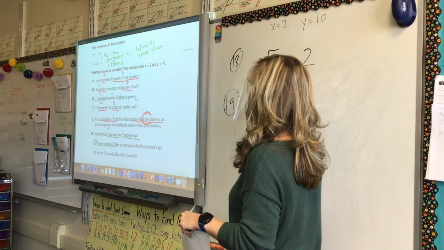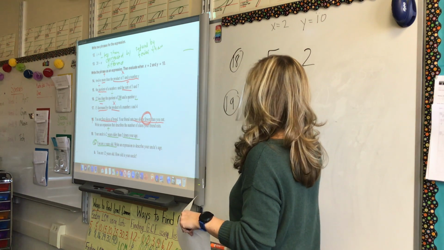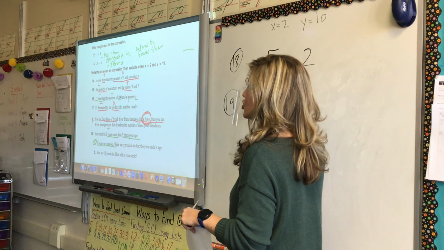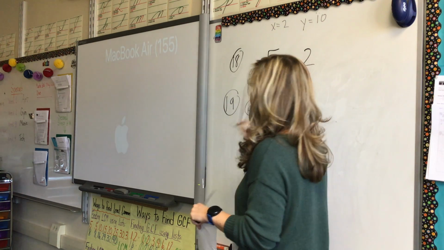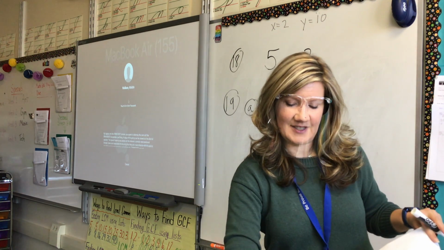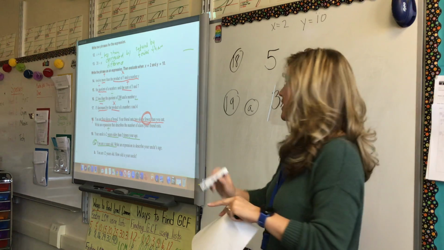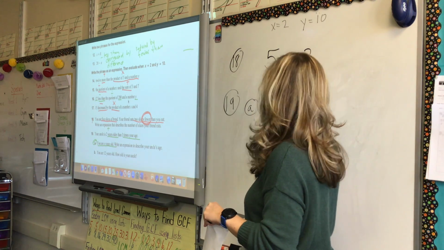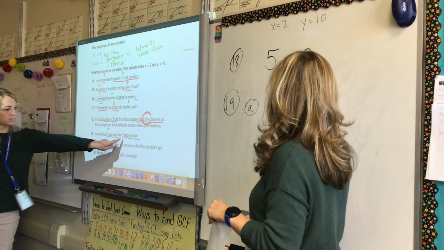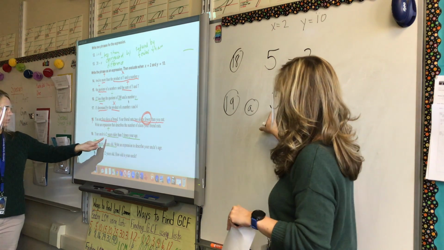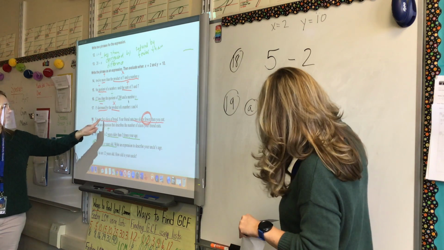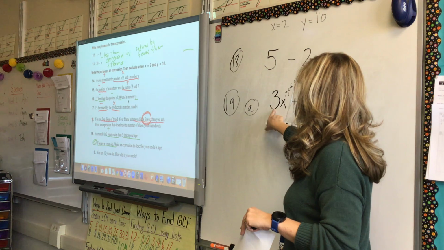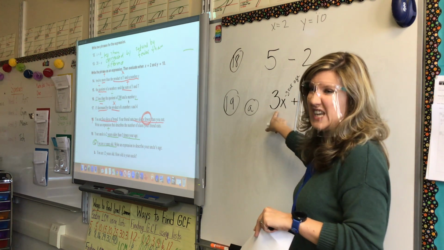Your uncle is 3 times your age. What's your age right now? X. So your uncle is 3 times your age, so he's 3x.